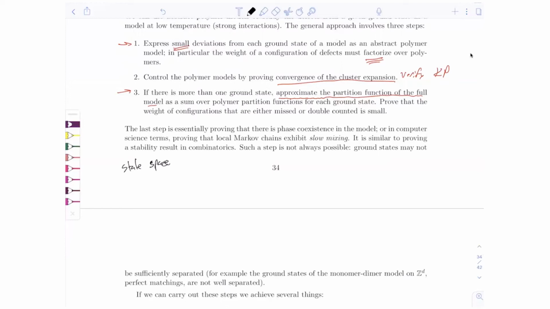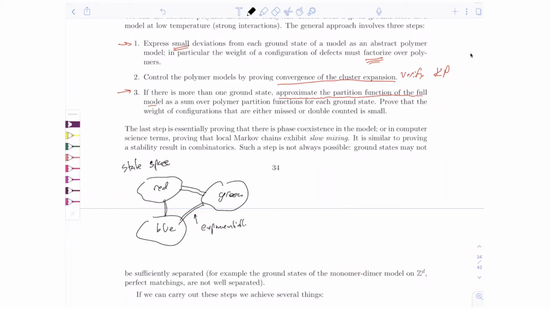What we expect for the low temperature Potts model is we have here red dominated, here blue dominated, here green dominated configurations. And we expect that in the state space, there are these exponentially small cuts separating these big pieces of the state space.